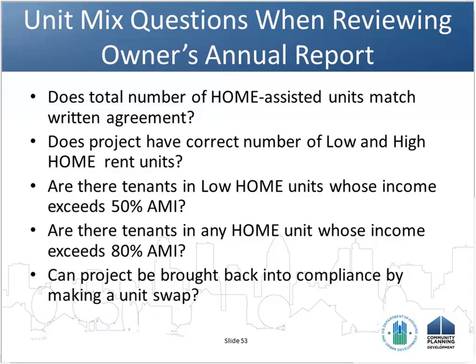So that swap should be happening for that property. And so we may be watching to see that at the next point that those leases are re-verified, we see those swaps, those corrective actions being made over time.